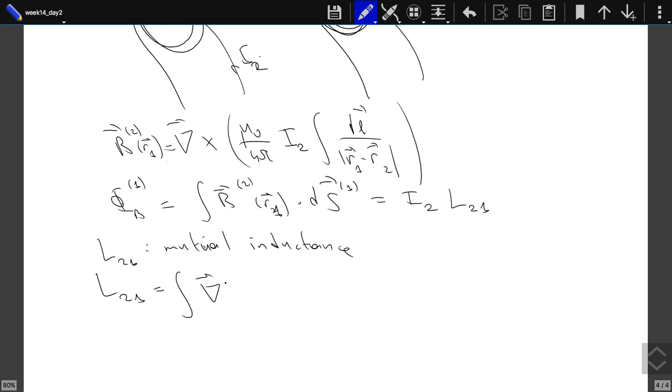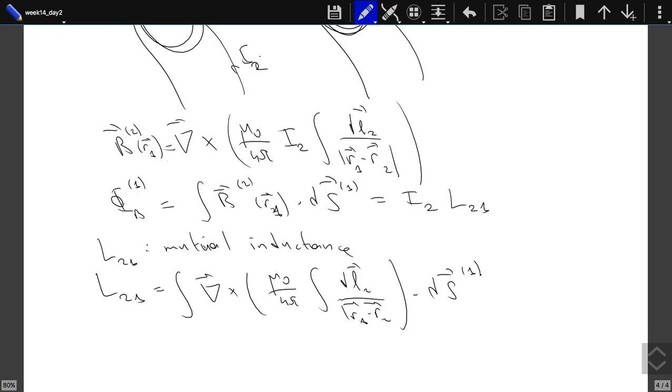This is equal to the curl of mu 0 over 4 pi, and I2 is not there anymore, dl2 over R1 minus R2, dot ds1. But you see, I have the surface integral of the curl of a function.